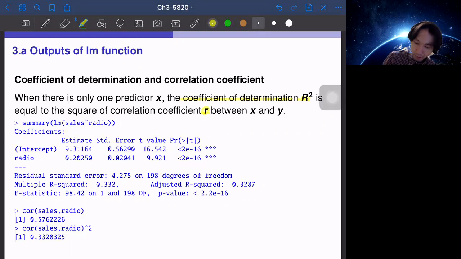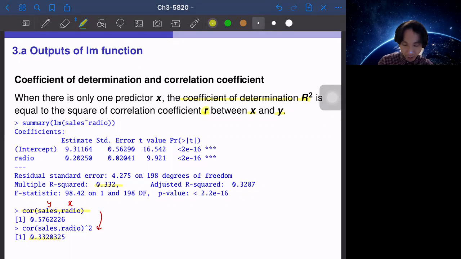Suppose we have only X and Y, and we regress Y on X, and multiple R square is 0.332. Then if we think about the correlation between Y and X and square it, we have the same number here. So that's why we call this R squared.